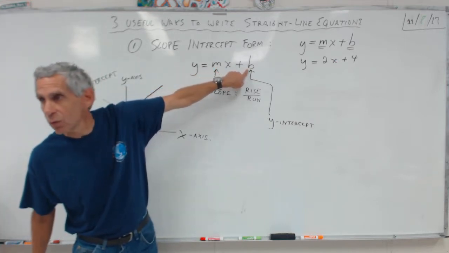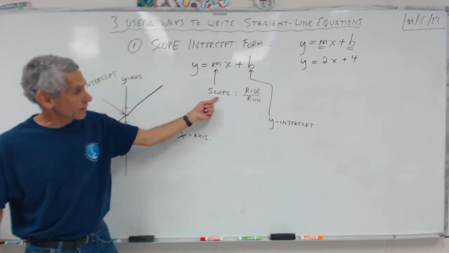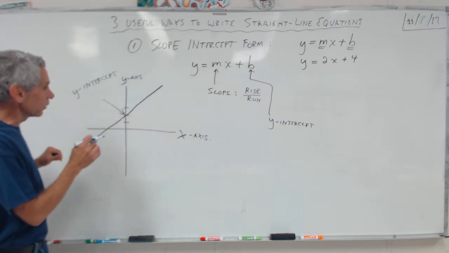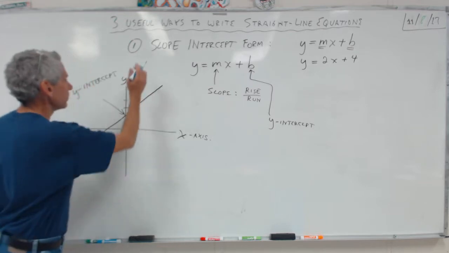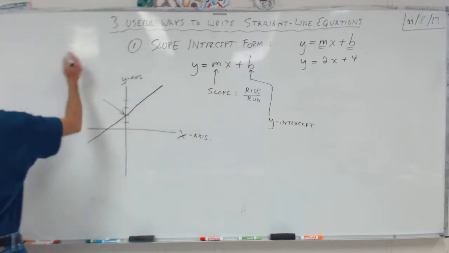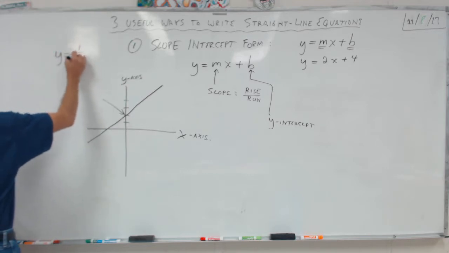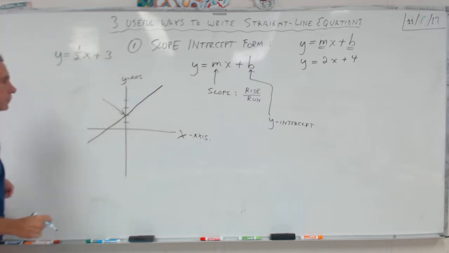B is your y-intercept. Now, Jan said that slope is rise over run. So this is very cool. Let's actually practice graphing one. Let's say I said graph this: y is equal to 1/2 x plus 3.